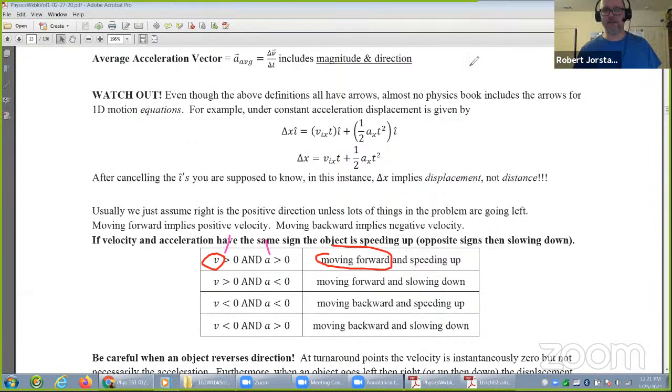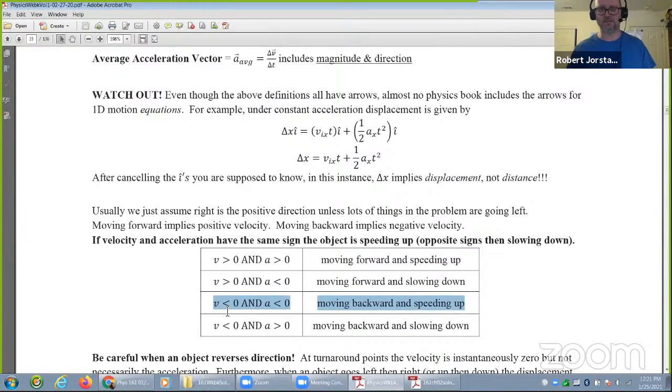More on that in a minute. I'll just point this one out. Some students find this confusing at first. If your velocity is negative and your acceleration is negative, you are not slowing down. If you're moving to the left and you accelerate to the left, you should speed up.